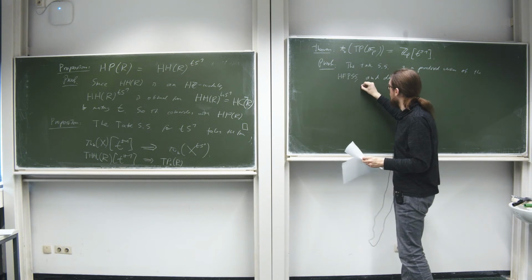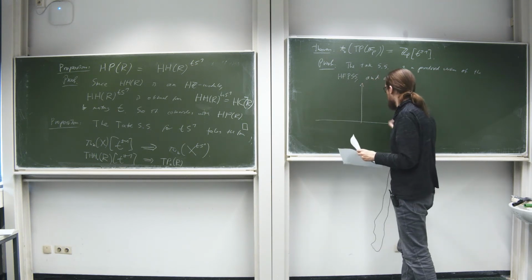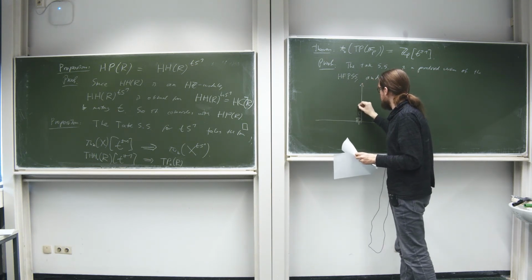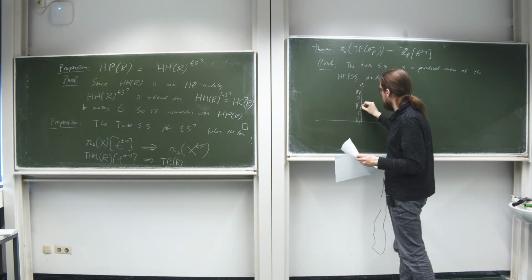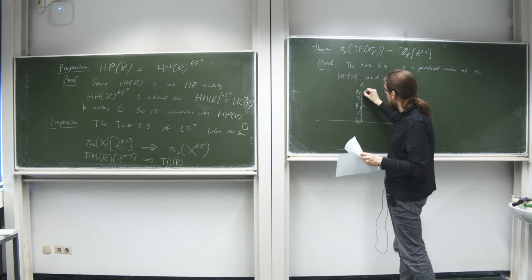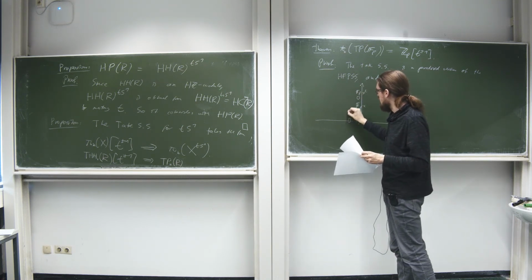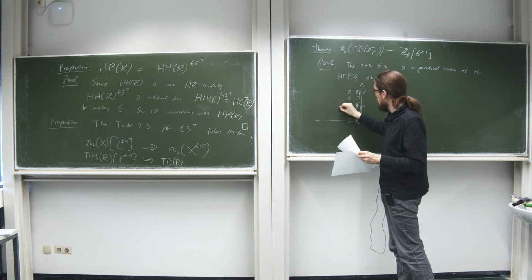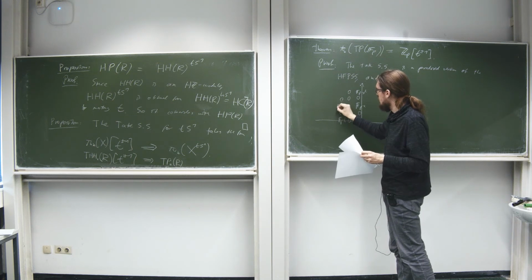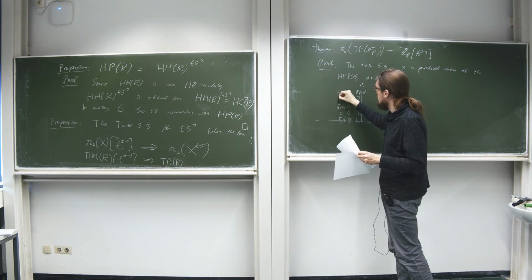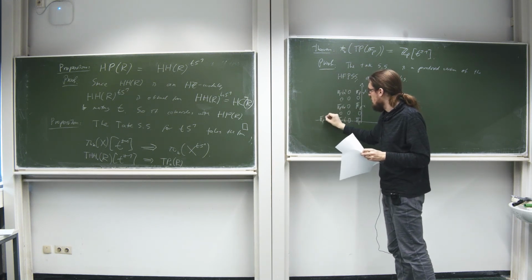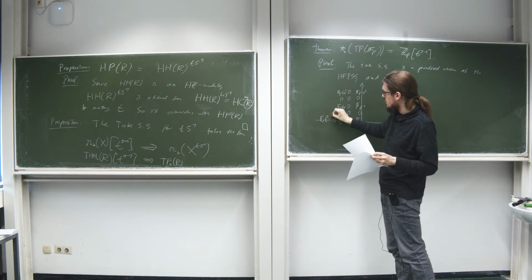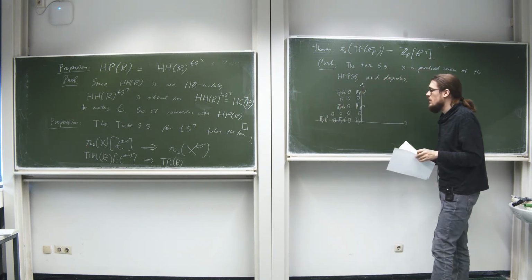Well, let me again draw a picture. For the homotopy fixed point spectral sequence, we had all these Fp's, right? And we had here this element x, x squared, and so on. To the left, we had Fp's on T, Tx, Tx squared. Here we have T squared, and so on, right? So this all degenerates.